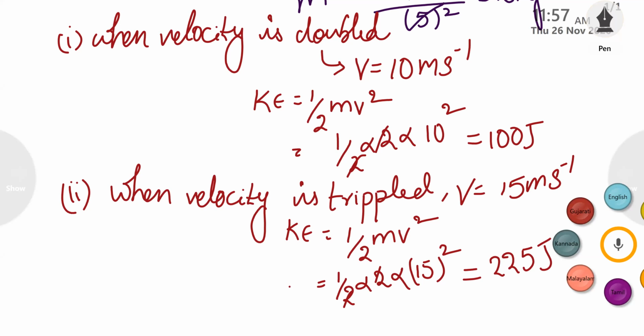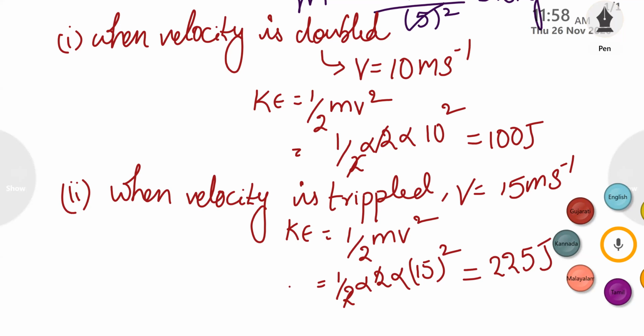Ma'am, when a body of mass M is lifted to a vertical height h, the force acting on the body is the force of gravity, F is equal to W is equal to mg. So work done is given by W is equal to mgh.